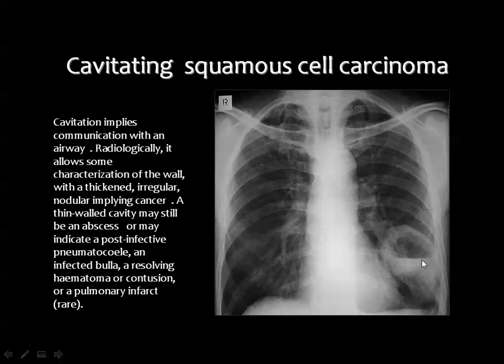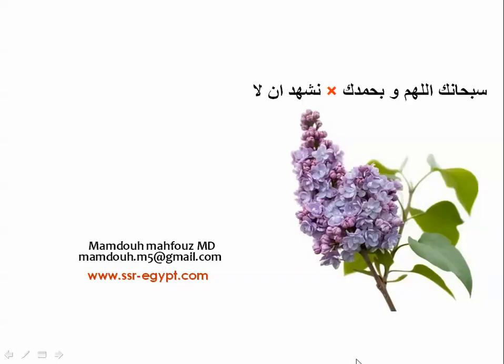But if you have a suspicion about the wall of the lesion and the irregularity of the inner margin, you should confirm this by CT scan. And don't jump to the diagnosis of cavitating bronchogenic carcinoma from the plain film unless you are sure about the thickness of the wall and the irregularity of the inner margin. And I thank you very much.